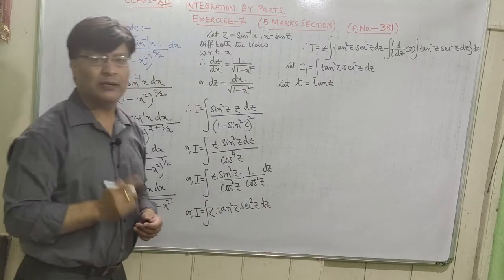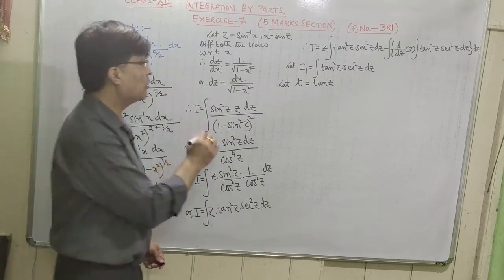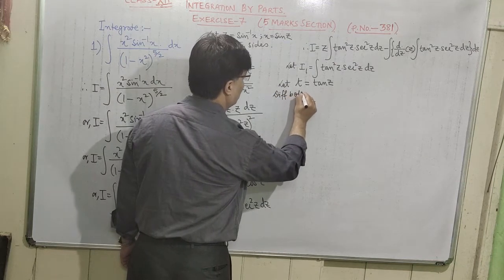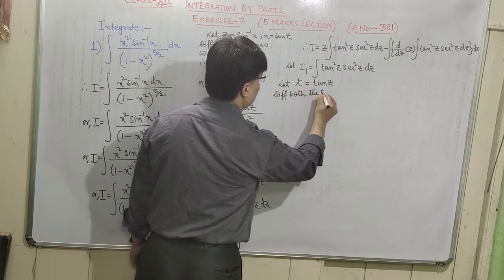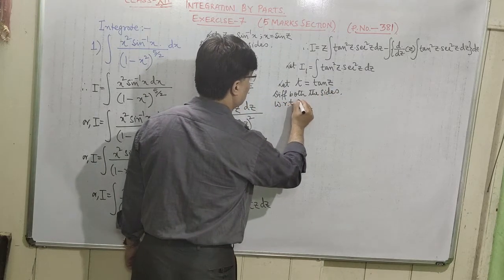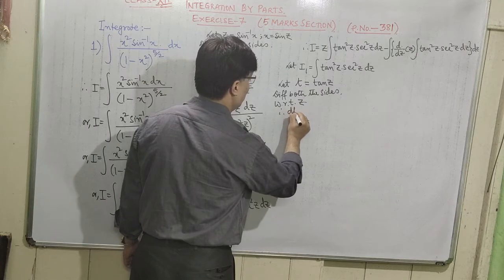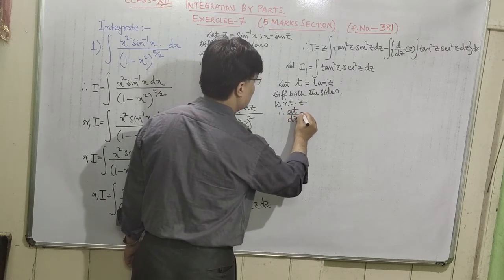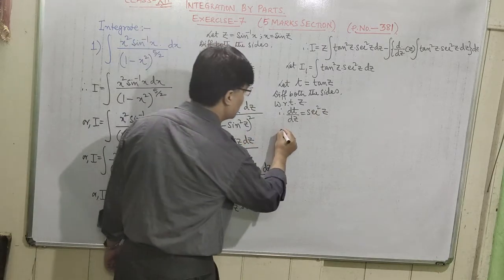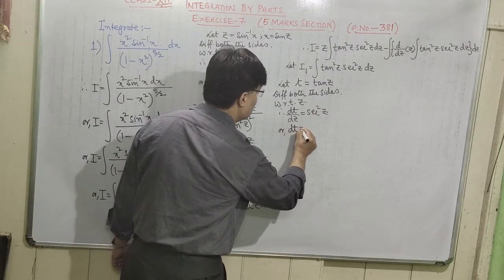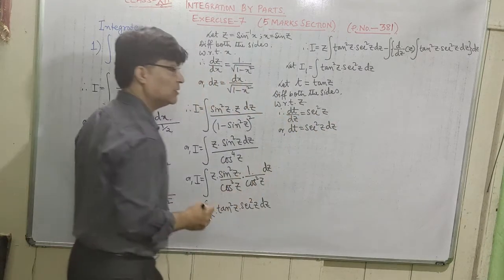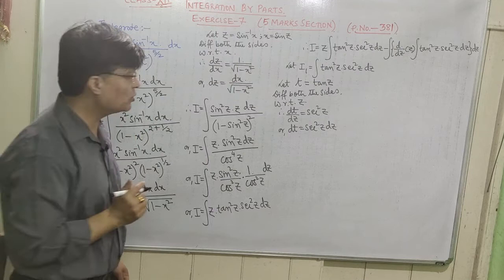Let us differentiate both the sides with respect to z. Therefore dt by dz, the differentiation of tan z, is sec square z. Let us do cross multiplication. So dt is equal to sec square z dz. I hope you have understood it.